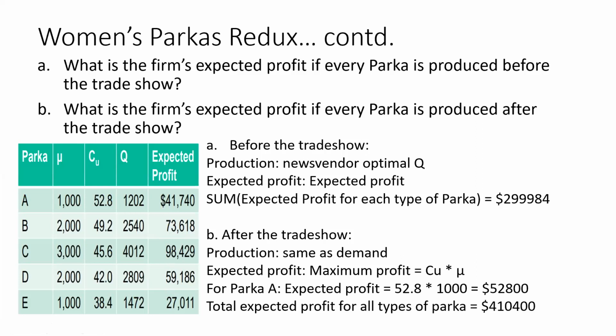For example, for Paka A, CU is 52.8 times mu 1000, so it's 52,800. So the total expected profit if Aripaka is produced after the trade show is the sum of all of the maximum profits from Paka A to Paka E. Okay, any questions until now?